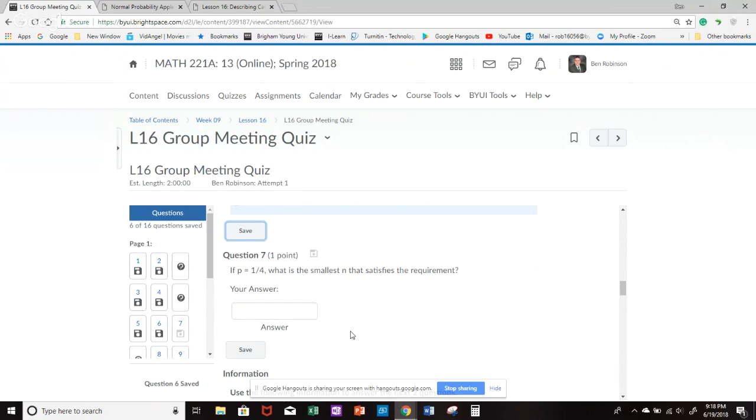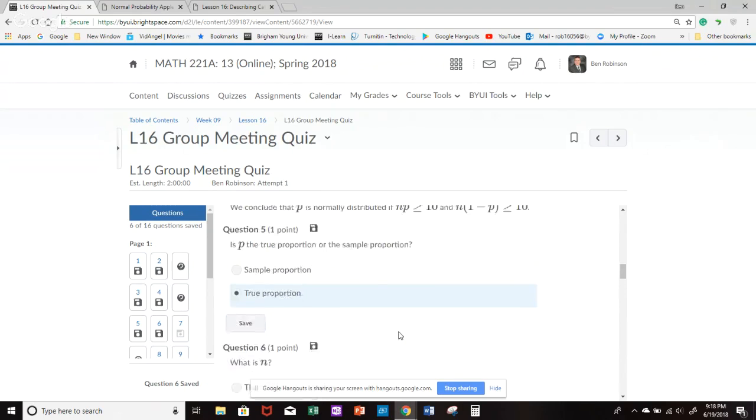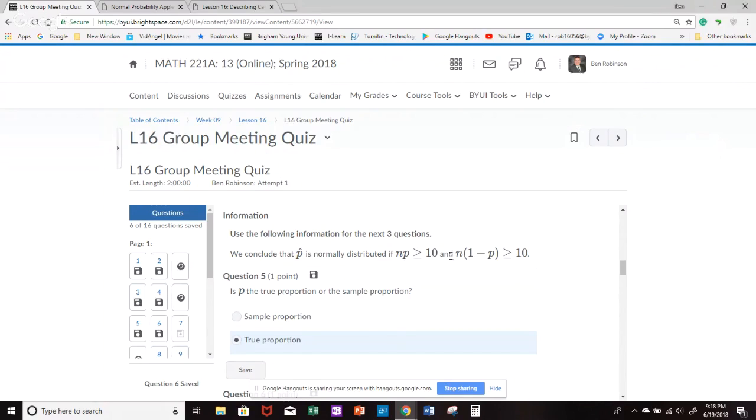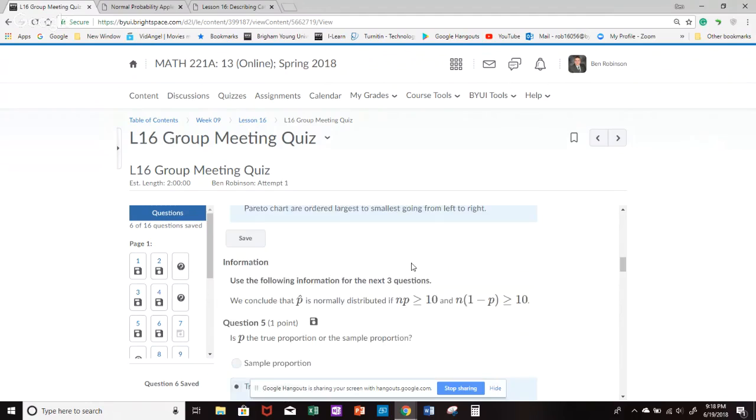Question 7. If p equals 1/4, what is the smallest n that satisfies the requirement? I need to put that formula: n times (1 minus p) greater than 10 is 40.